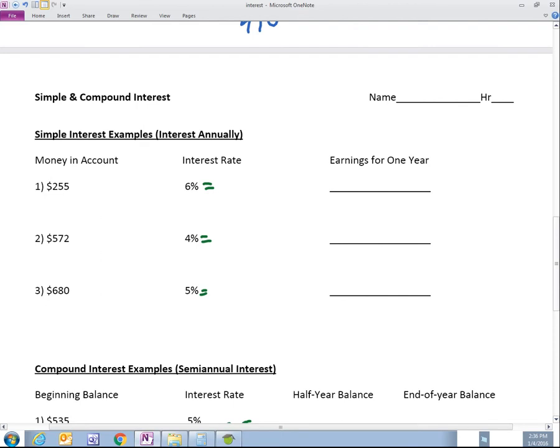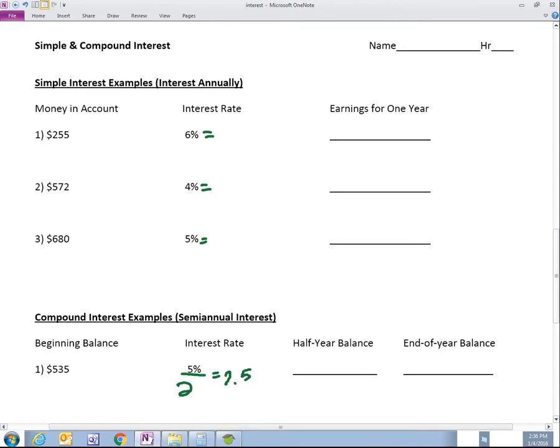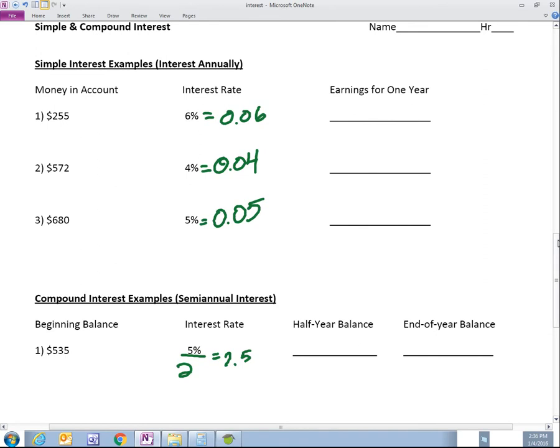Okay, listen to the words that I use. Don't just be like monkey see, monkey do. All right, so we have 0.06 here. We have 0.04, 0.05. So in order to get this, since it's simple interest, it's interest annually, all I have to do is multiply.